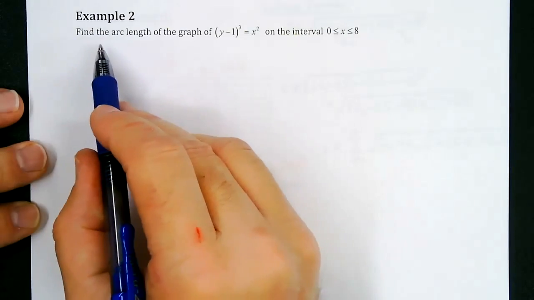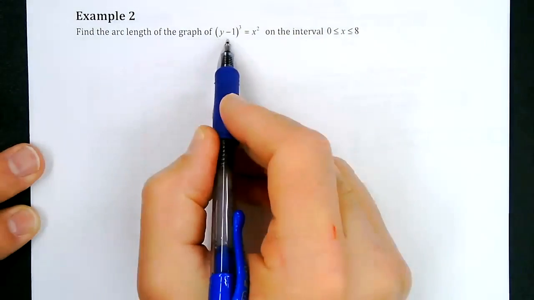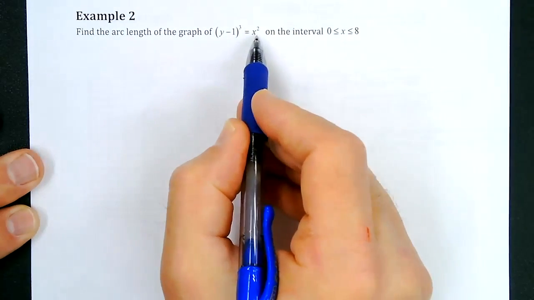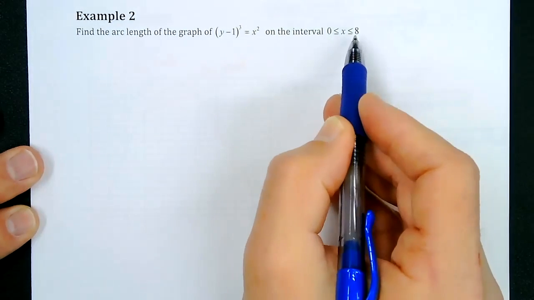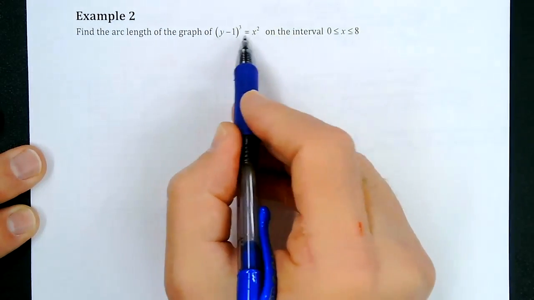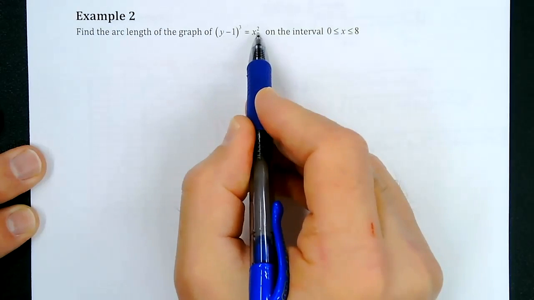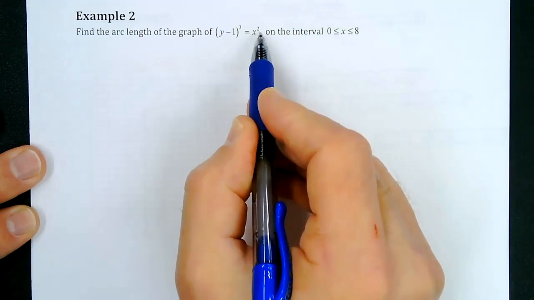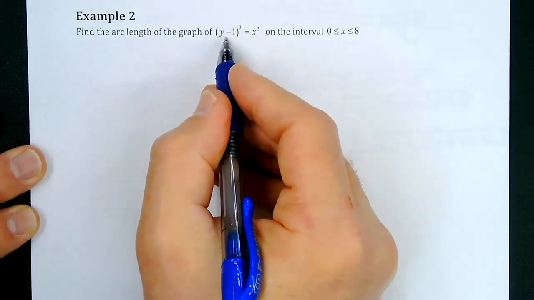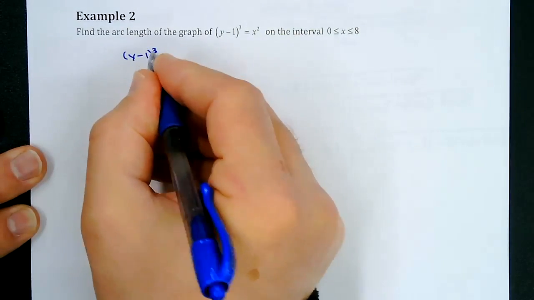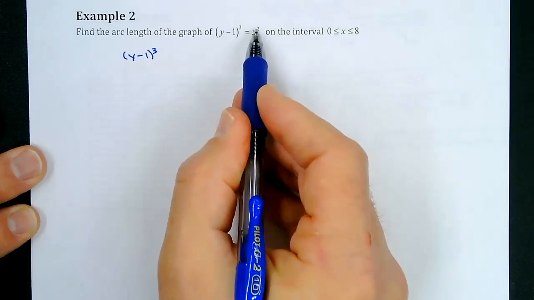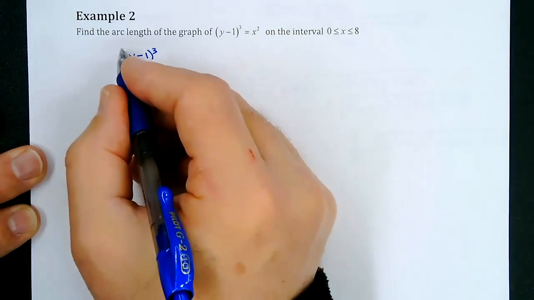So for this next example, we want to find the arc length of the graph of y minus 1 cubed is equal to x squared on the interval 0 less than or equal to x less than or equal to 8. All right. So it's going to be easier if we solve this in terms of x. So if we take y minus 1 cubed, and I want to get rid of the square, so I'm going to raise both sides to the 1/2 power.